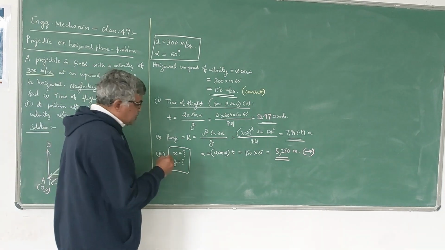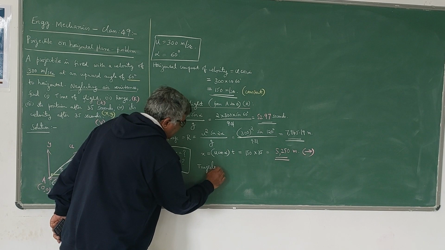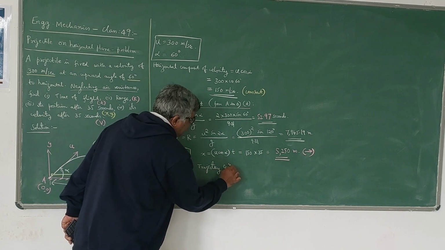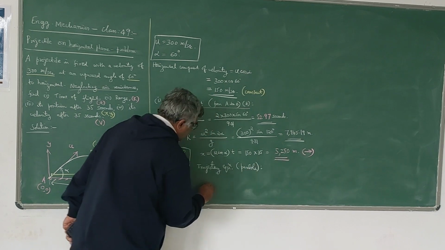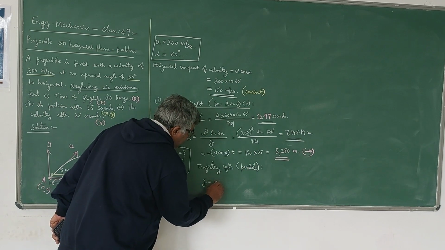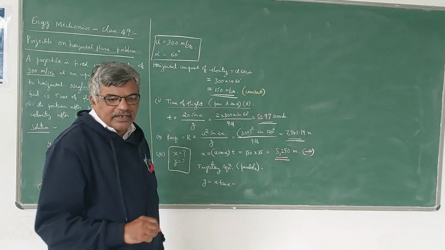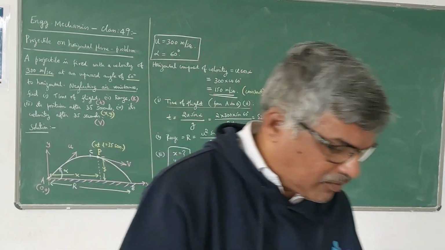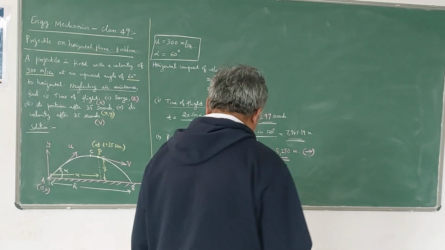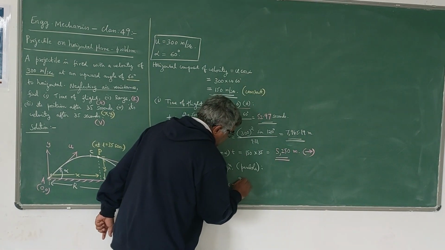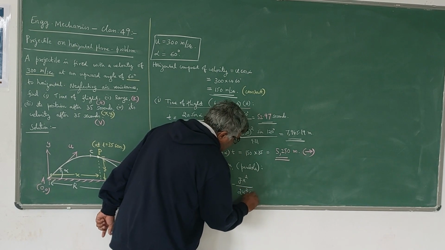So to get the position, the vertical distance is obtained by the trajectory equation, which is a parabola. So the equation given here is y is equal to x tan alpha. This we have derived. Equation of trajectory, y is equal to x tan alpha minus g x square divided by 2u square into, of course, cos square alpha.